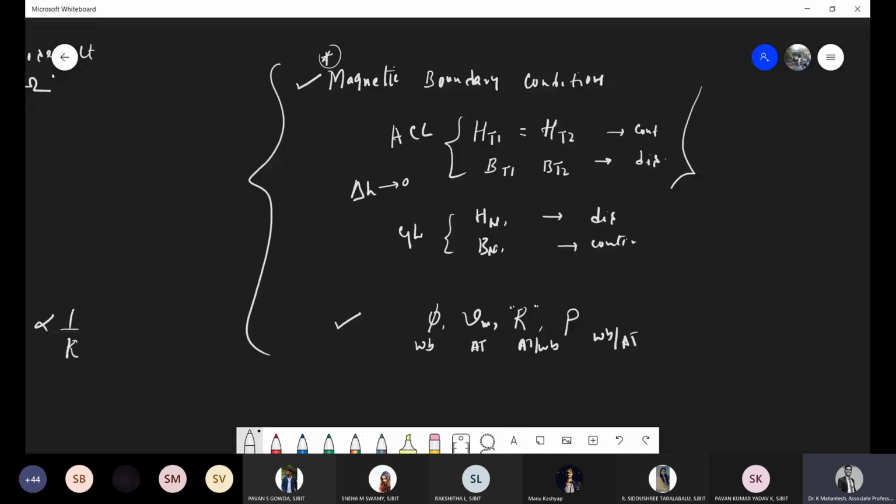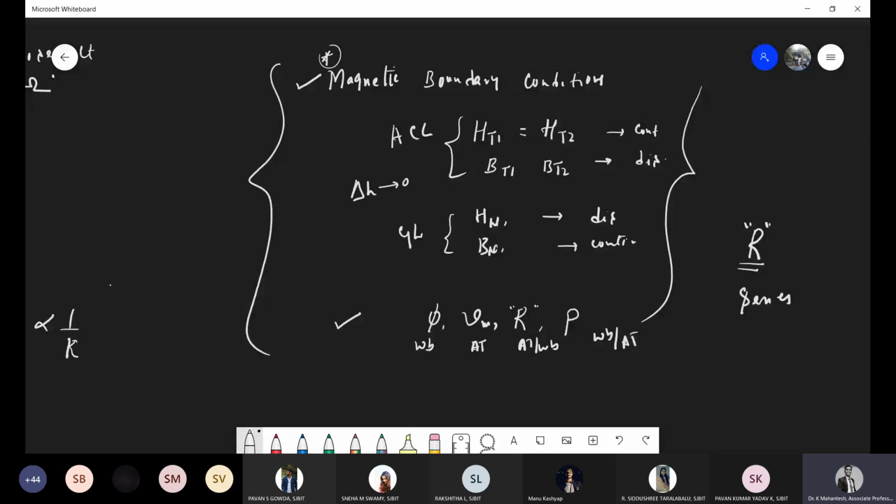In tomorrow's class, we'll be discussing two derivations. One is obtaining the expression for reluctance. We will find the equation for reluctance R, and also obtain the expression for reluctance for a series magnetic circuit.